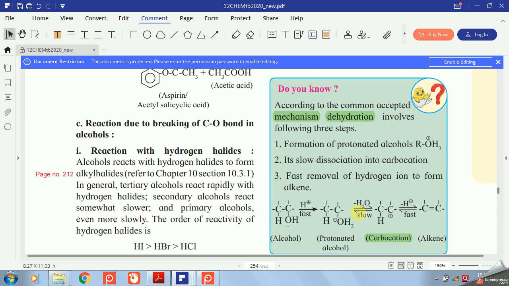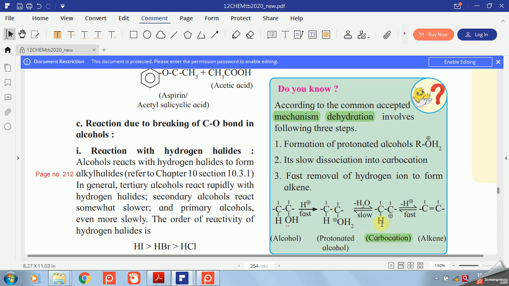This requires time because again we obtain an unstable species such as a carbocation, and then there is a removal of hydrogen from this beta carbon.